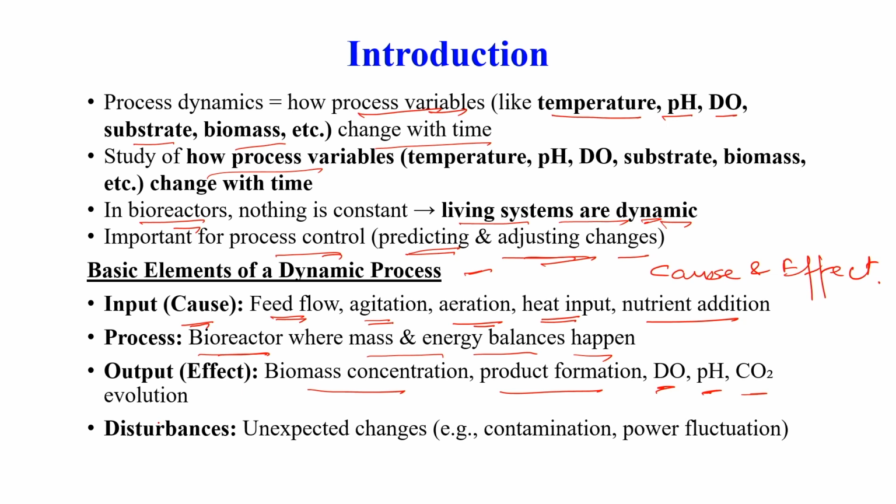So these can be considered as output. This is the cause and this is the effect. In addition, there are disturbances, which are unexpected changes. It may be contamination, power fluctuation, or some manual error as well.